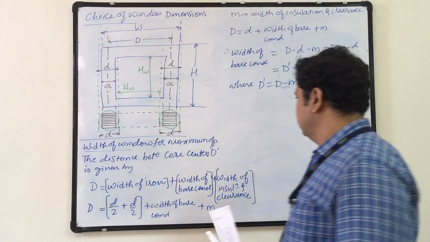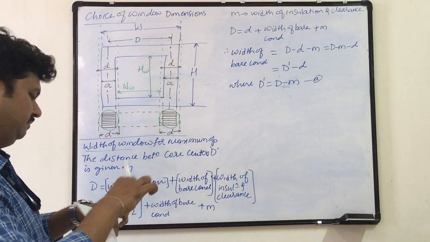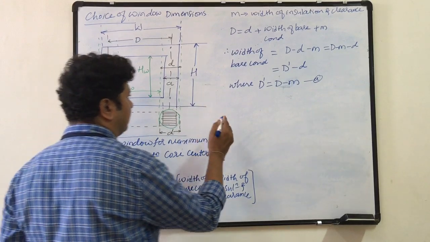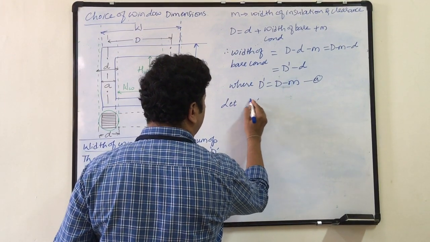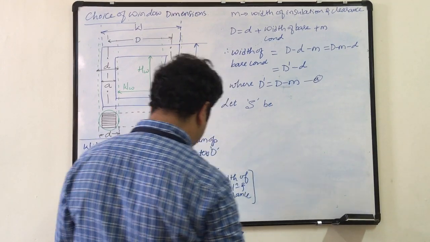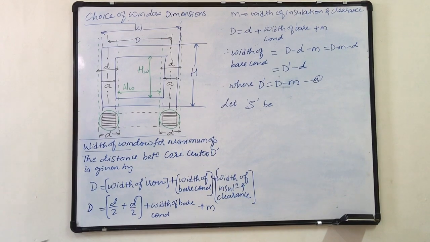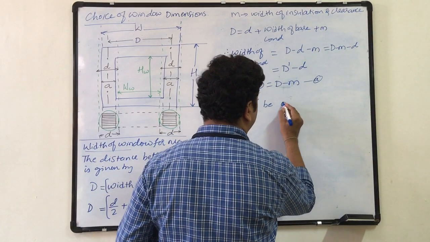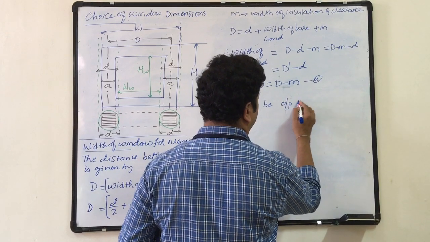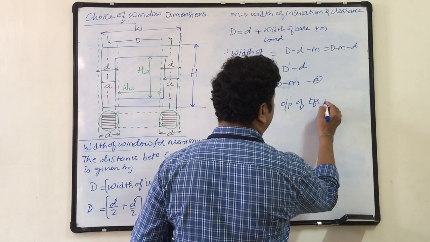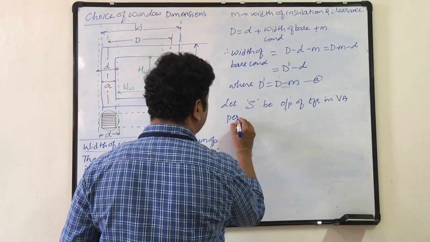Now let S be the output of transformer in volt amperes per unit height.